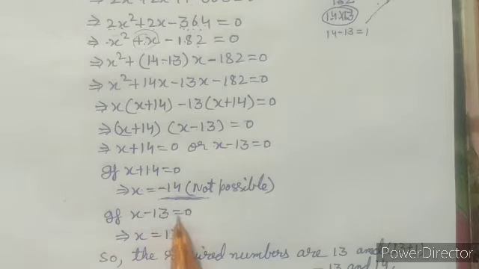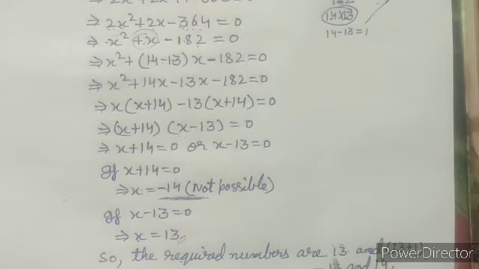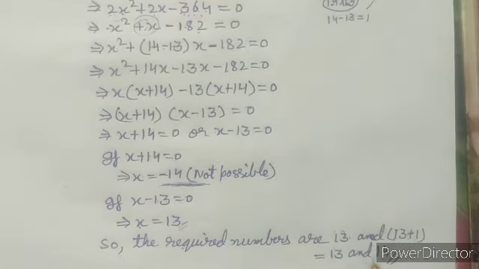If we take x minus 13 as 0, that will give us the value of x as 13, and that is a positive integer. That means the required numbers are, the first number we have taken as x, and another one was x plus 1, that means 13 and 13 plus 1, or you can say these are 13 and 14.